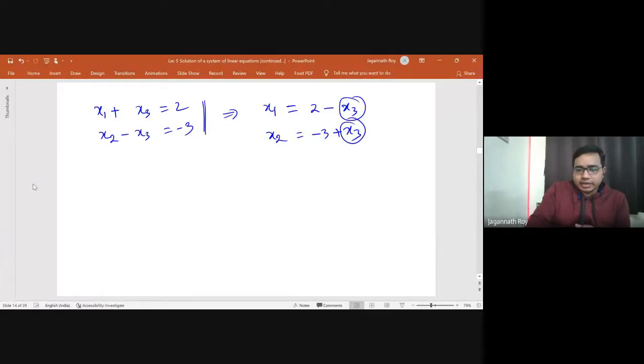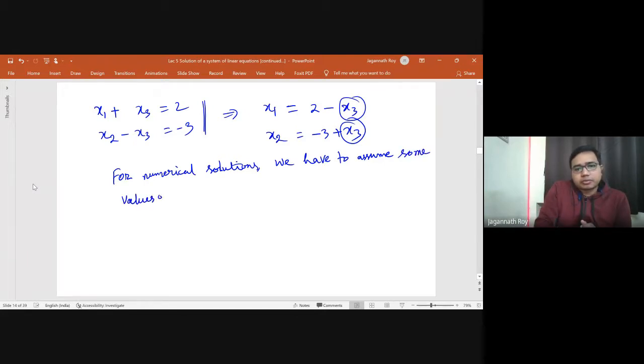If we want numerical values for the solutions, we have to assume some values of x3.